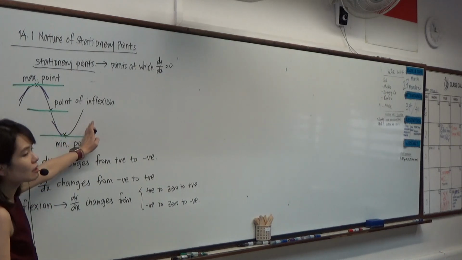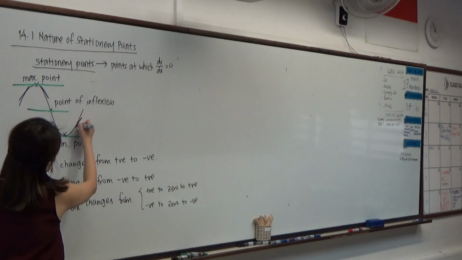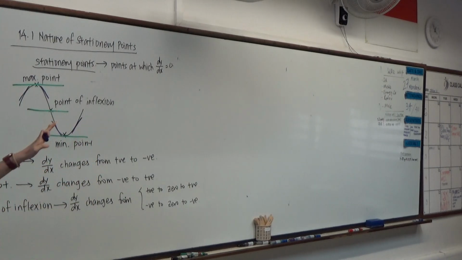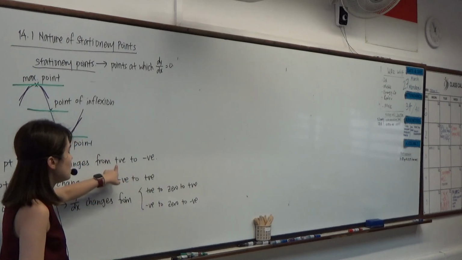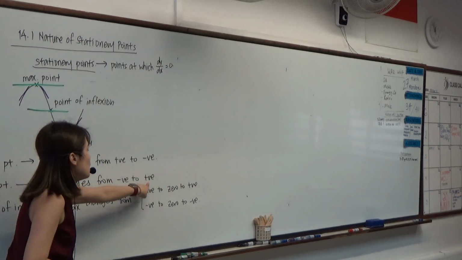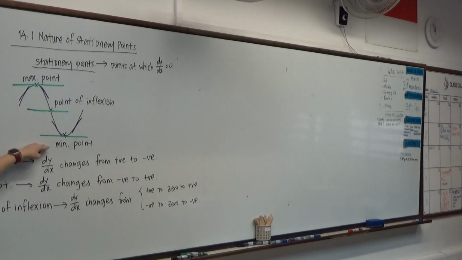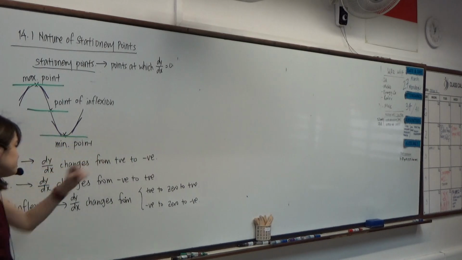On the right of the minimum point, your tangents will always be upward sloping, hence positive. I'm writing in shorthand: positive, negative, negative, positive. So for a minimum point, the gradient changes from negative to positive.